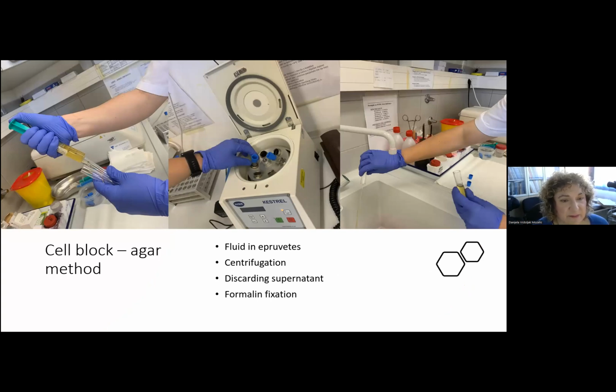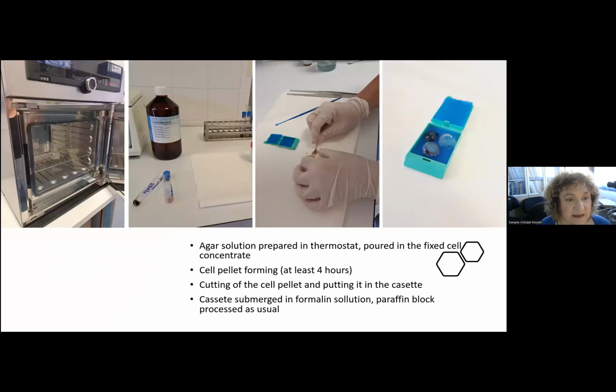Fluid is in test tubes. We proceed to centrifugation, discard the supernatant, and later we fix the material with formalin. Then agar solution is prepared in a thermostat and poured into the fixed cell concentrate. A cell pellet is forming.